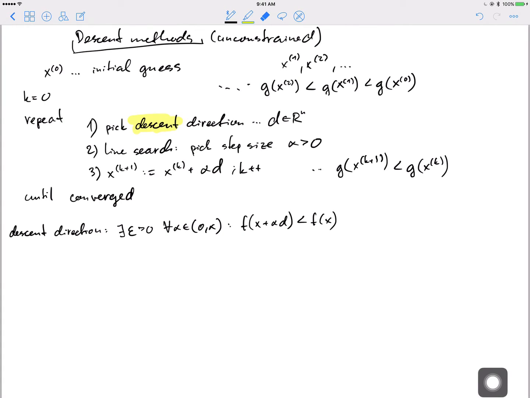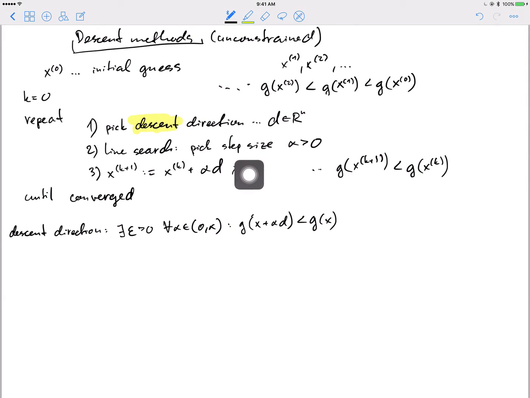Sorry, I'm not sure why I put f there, because I meant to write g. I don't want you to confuse it with the forces. It's nothing to do with the forces. Oh, and by the way, this alpha has nothing to do with the step size, or with the time step. It's a kind of step, but it's a step of solving the optimization problem.